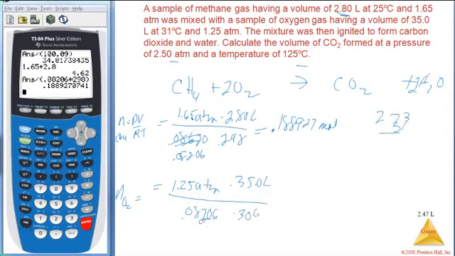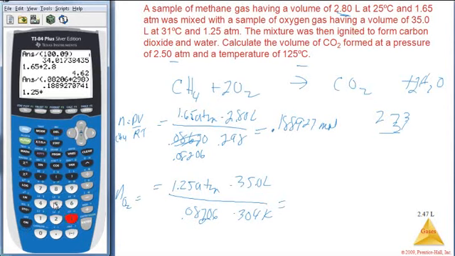Pretty sure this is going to be quite a bit higher. Alright, so I've got 1.25 times 35. I missed a 5 in there. Alright, let's just punch it again.